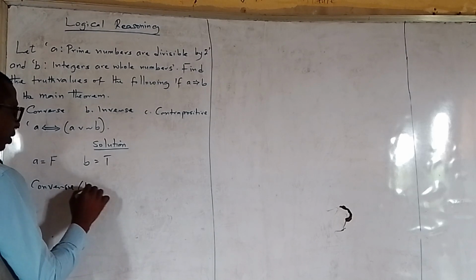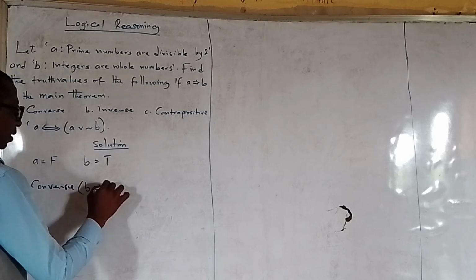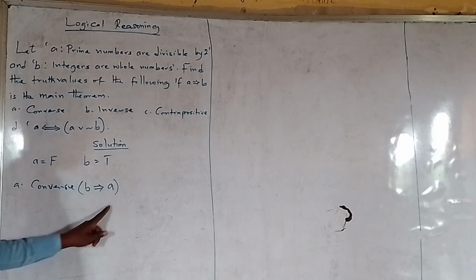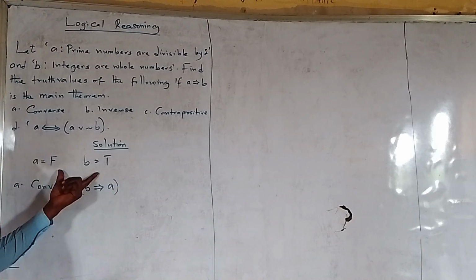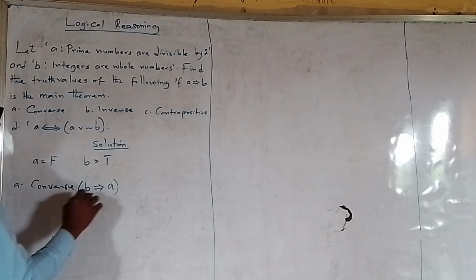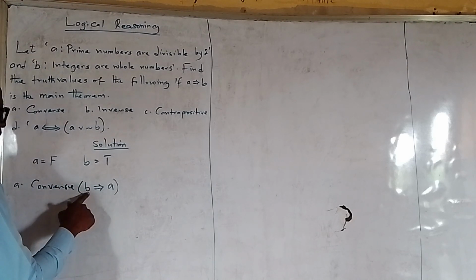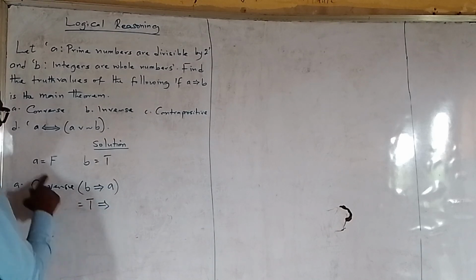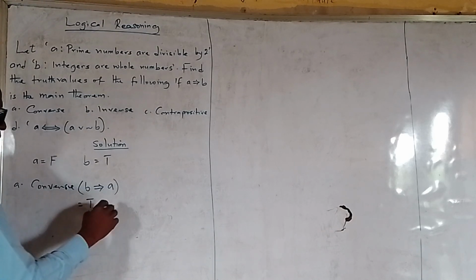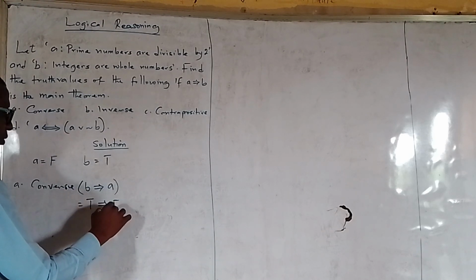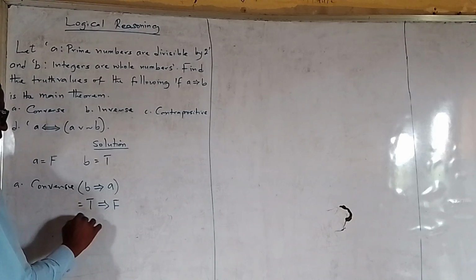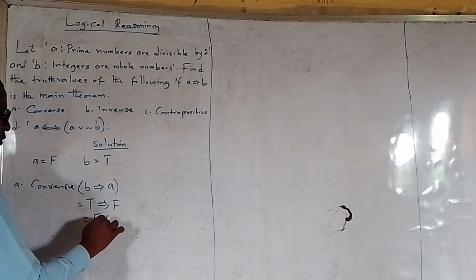That's going to be B implies A. Right? So this is converse. So you can substitute the value of A and B. B is true, so we have true implies A, which is false. Now true implies false. The answer is false.